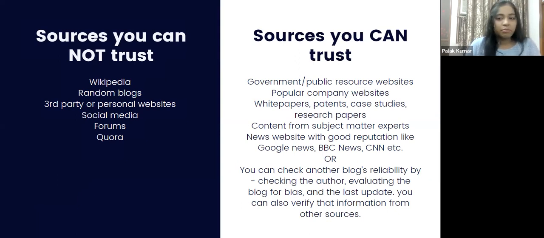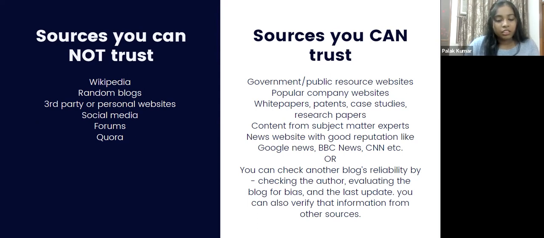Random blogs, personal websites, again, no. Social media, no. Forums, Quora, please, you cannot trust them. These sources can definitely provide you a direction of how to conduct your research, but you cannot exactly pick up data from here.